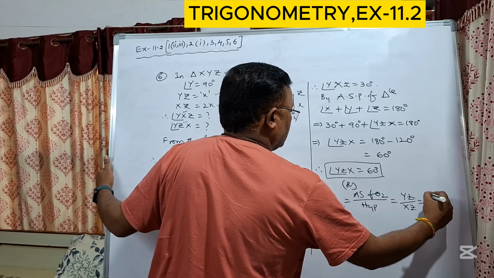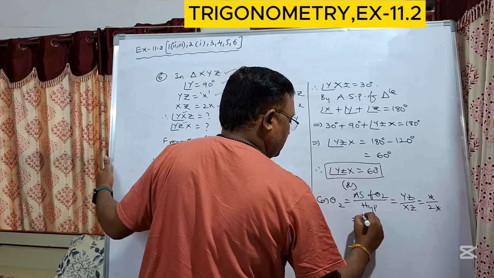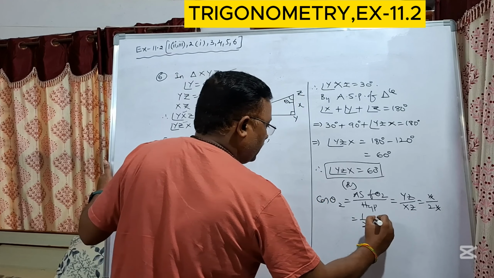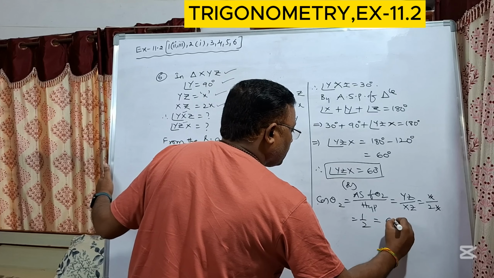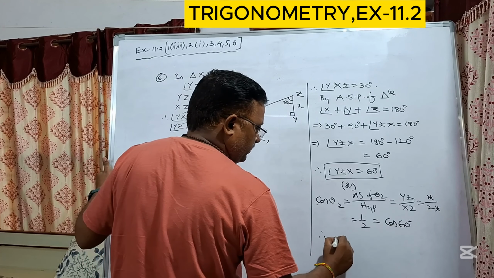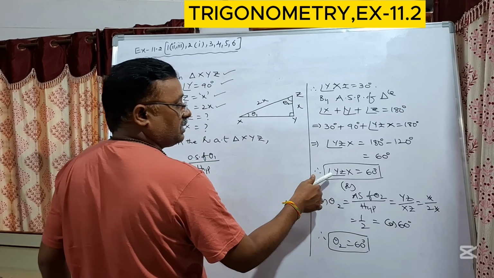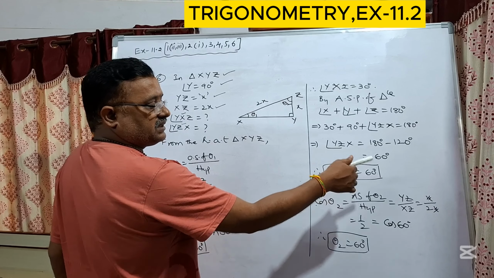That is equal to x by 2x, x cancels, that is equal to 1 by 2. 1 by 2 comes for cos at cos 60 degrees from the specific angle table values. Compare them, therefore theta 2 is equal to 60 degrees. Theta 2 is nothing but angle YZX.